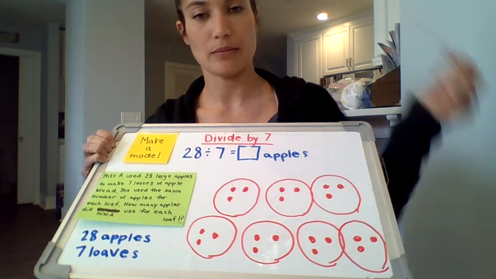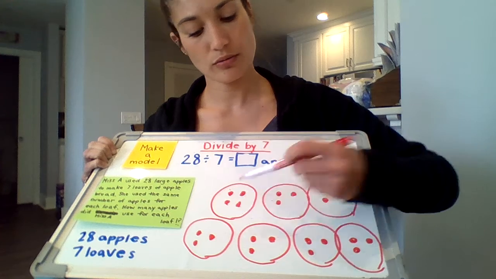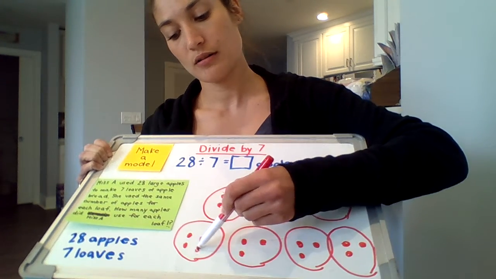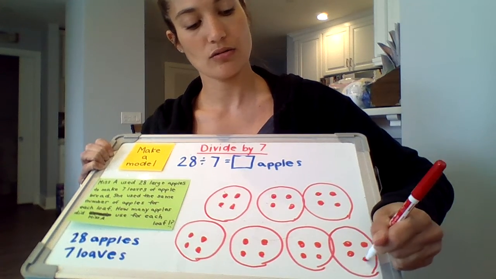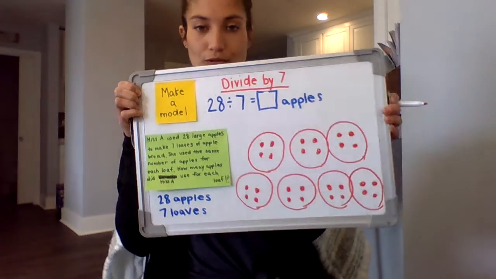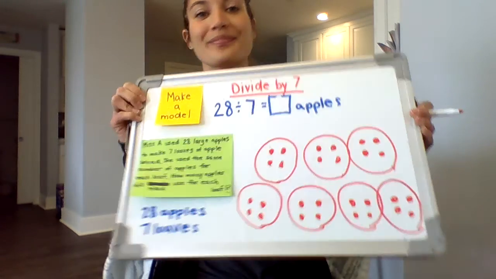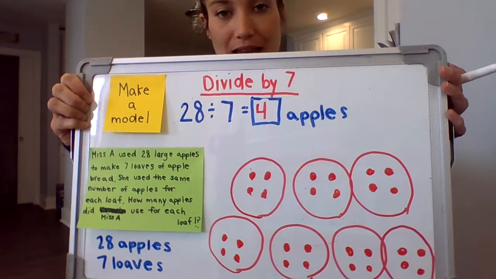Notice how I'm lining them up nice and neat so it's easy to keep track. 22, 23, 24, 25, 26, 27, and 28. Wow, would you look at that? How many apples are in each loaf or in each group? 4. So we got the same thing once again.